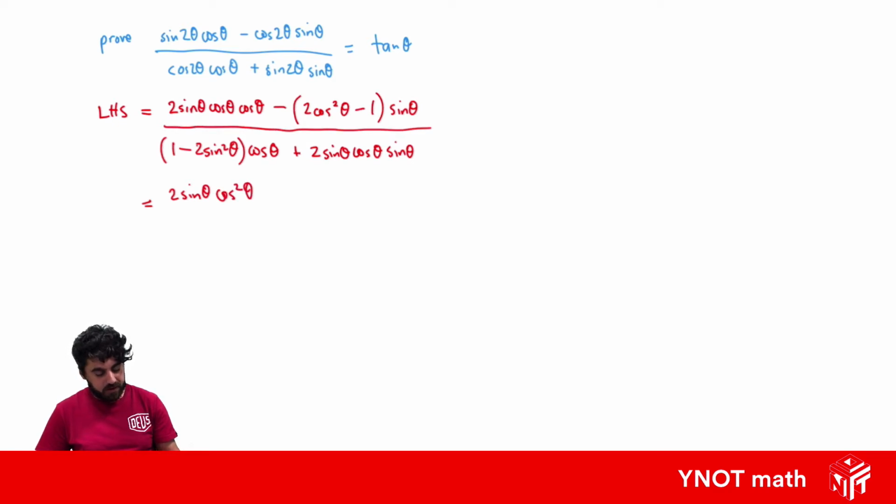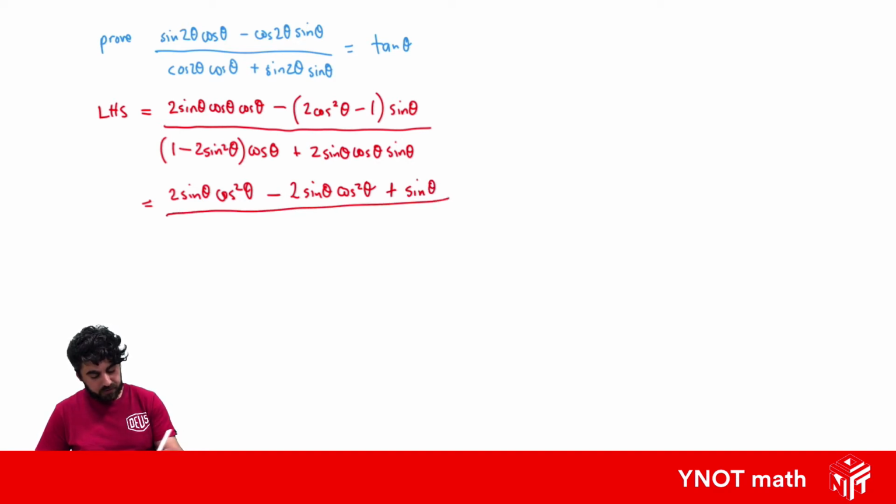Now let's go ahead and expand all this. So we've got minus sine theta times 2 cos theta. That's going to give us minus 2 sine theta cos squared theta. Now we've got minus sine theta times minus 1, which is going to give us plus sine theta.